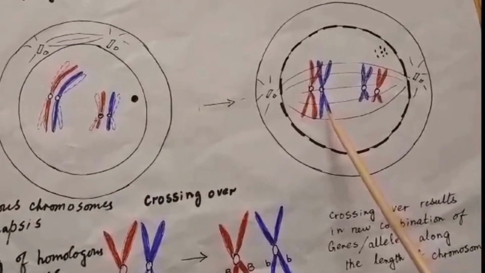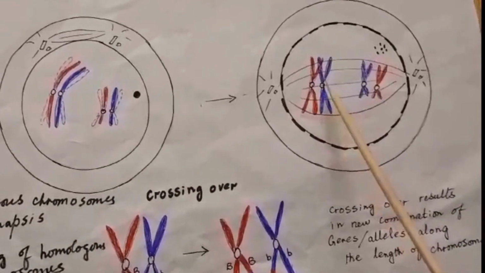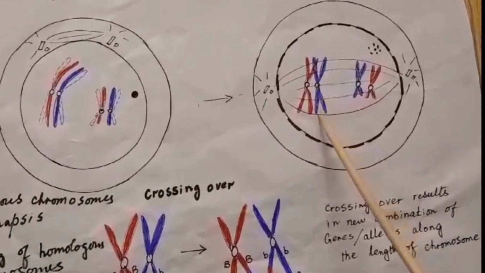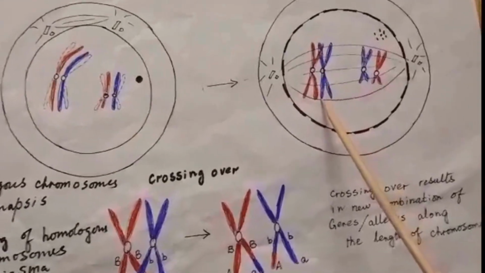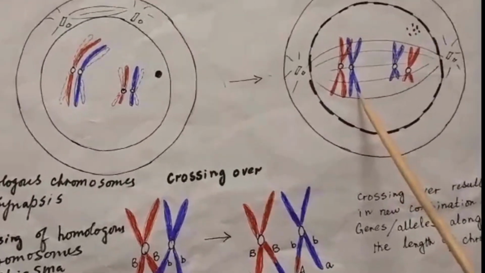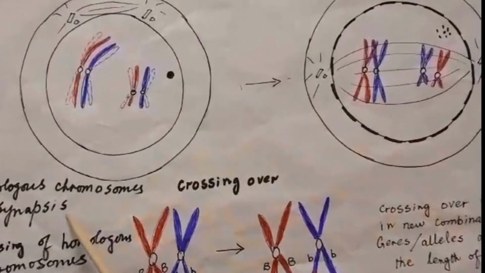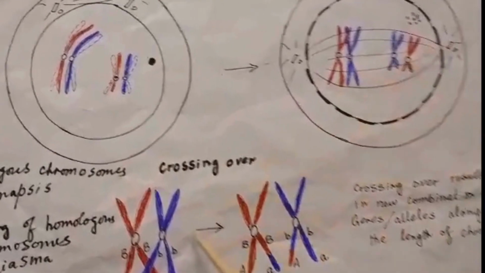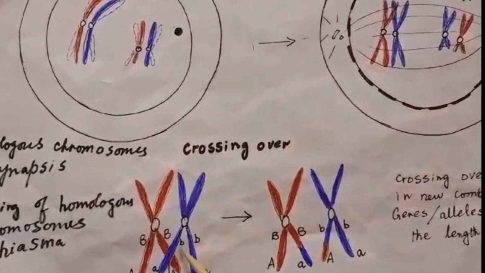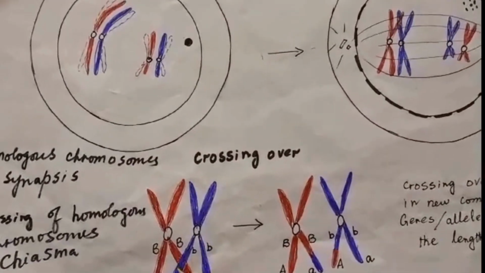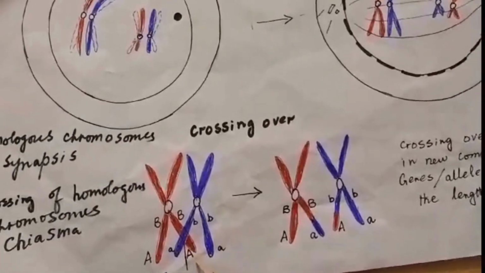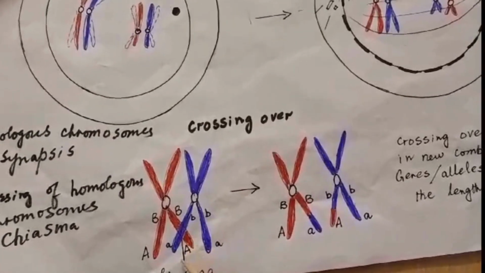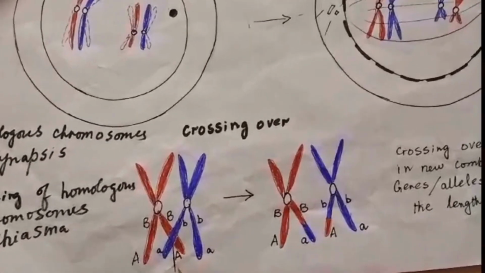The homologous chromosomes start pairing up along their length, and this pairing up of homologous chromosomes is called synapsis. The chromatids overlap each other, and this X shape that is formed is called chiasma.